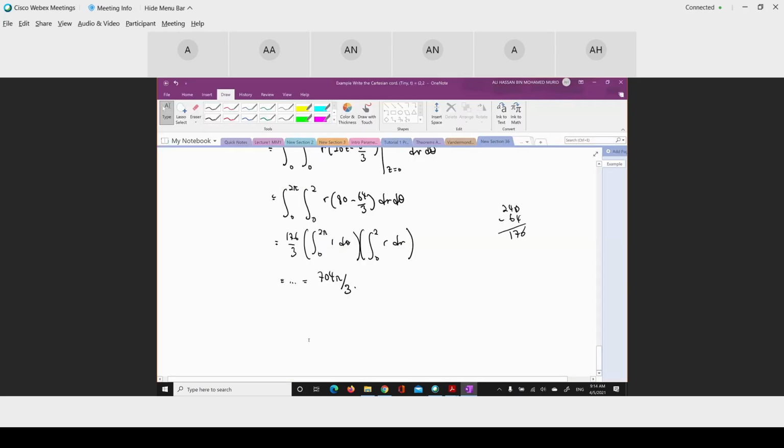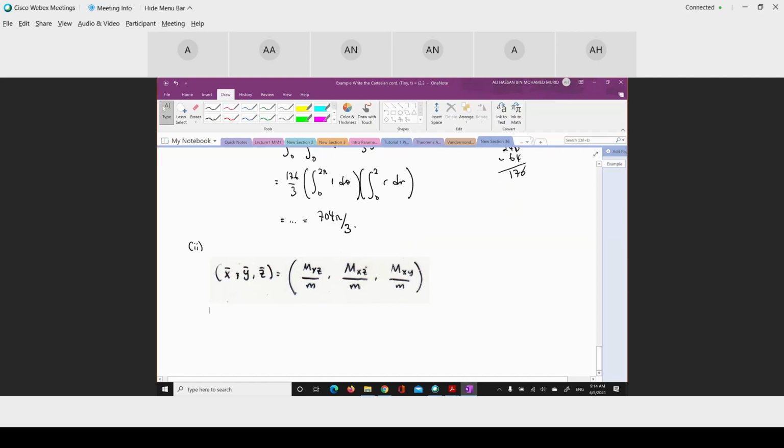To answer part 2, we need to use this formula. This is the formula for the center of gravity of an object. All the coordinates are divided by m, with m in the denominator, which we have calculated in the first part. It remains to find all these numerator parts.